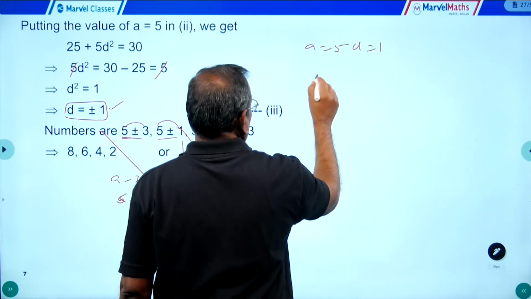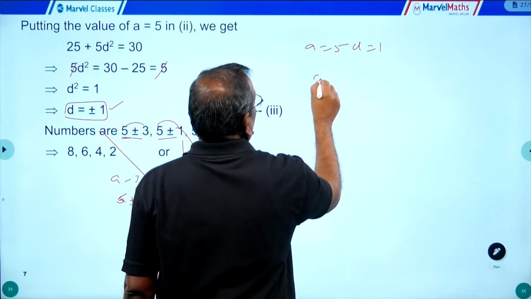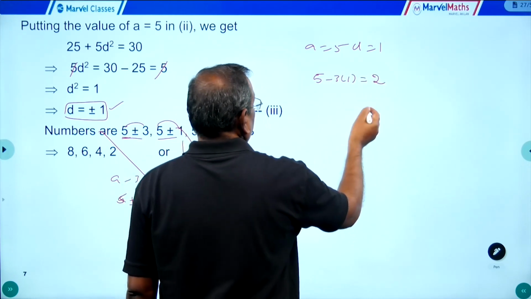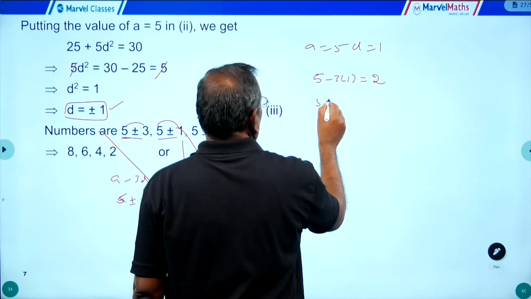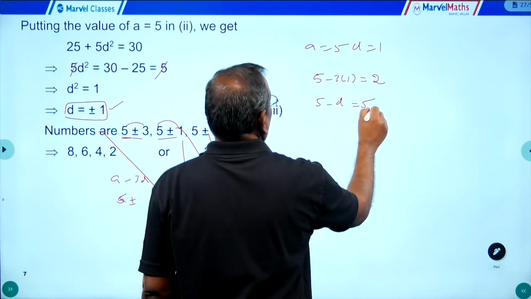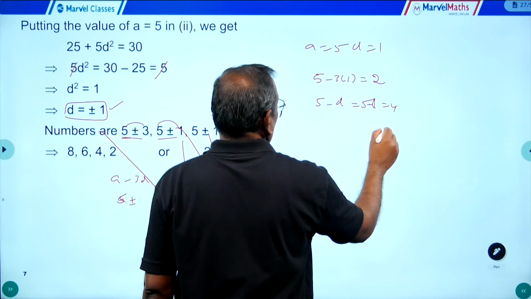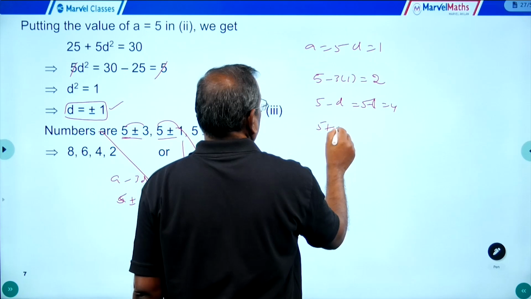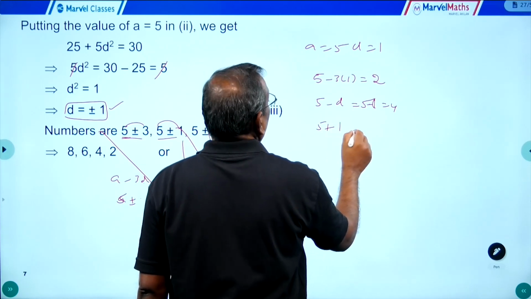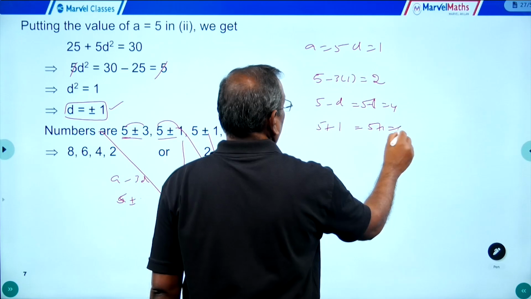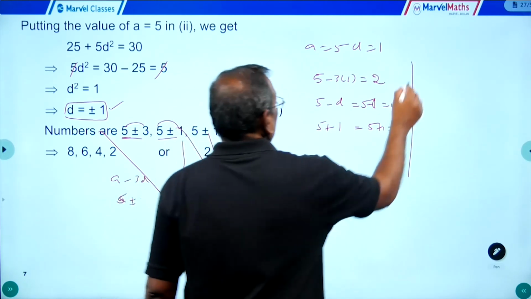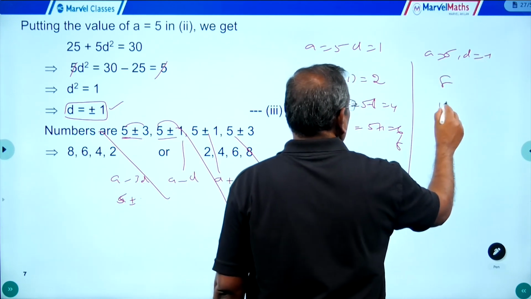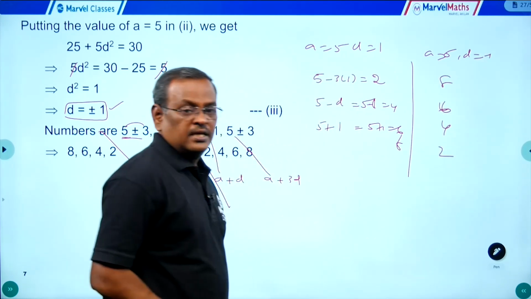So a minus 3d is 5 minus 3 into 1, which is 2. Next, 5 minus d equals 5 minus 1 equals 4, and 5 plus d equals 5 plus 1 equals 6, and 5 plus 3d is 8. So the numbers are 2, 4, 6, 8. And for a equals 5 and d equals minus 1, we get the same numbers in reverse order.